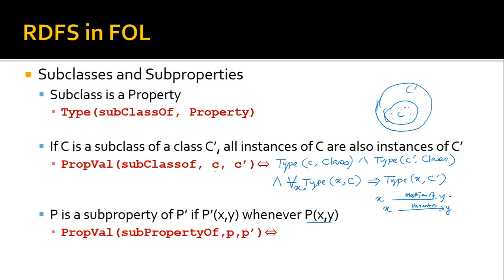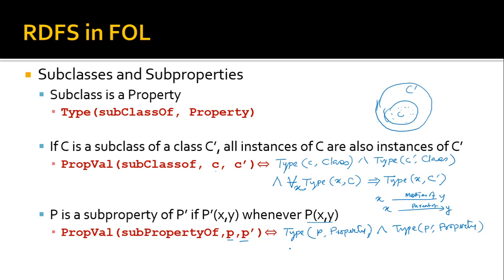So this x y belongs to mother of, and this x y belongs to parent of relation also. So we say that a property P is a subproperty of P prime. Again you have to say that this P is a type of property, right? And P prime is also a type of property, right?